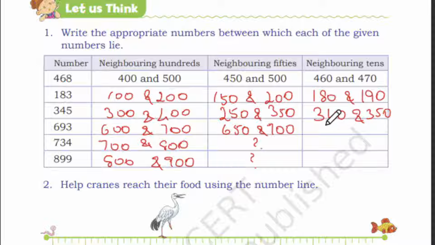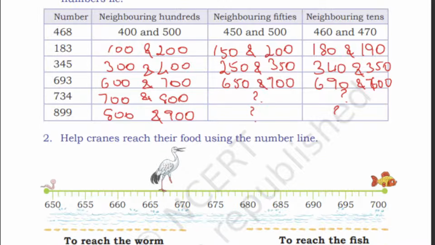The next one, 690 and 700. These two I'm giving you to find out. Find out and write the answer in your book.